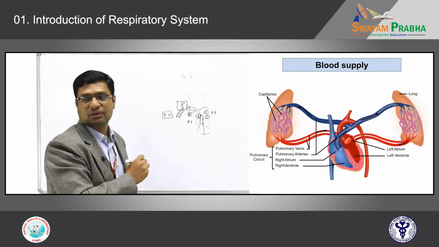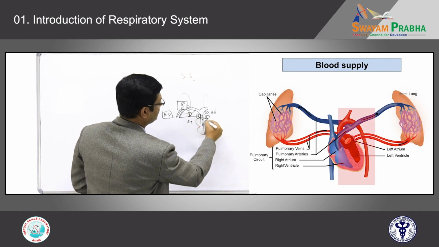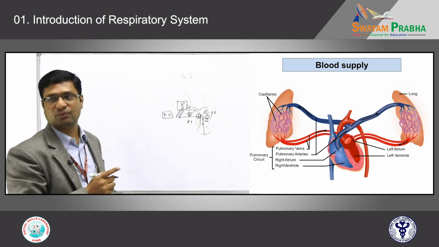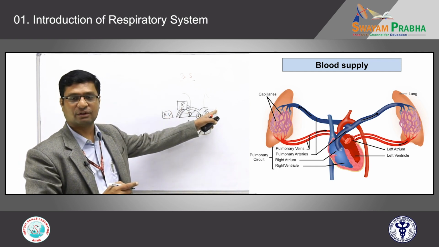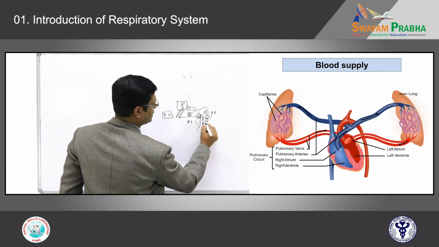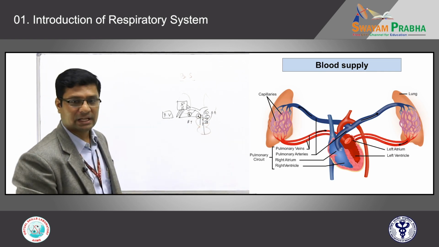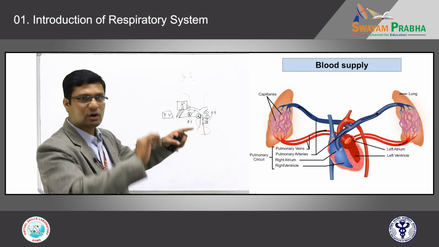So, these pulmonary veins enter the left side of the heart, two pulmonary veins from the right lung, two pulmonary veins from the left lung. You can see in the picture. So, there are 4 pulmonary veins, they come and drain the oxygenated blood in the left atrium. Okay. This forms the closed circuit.